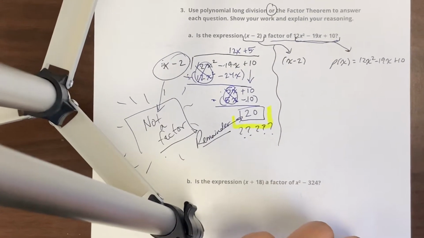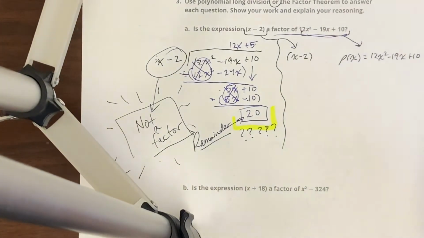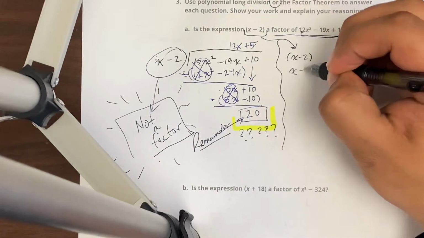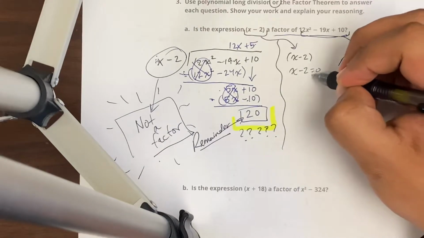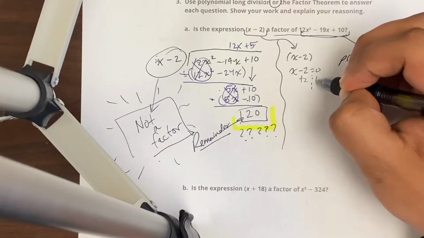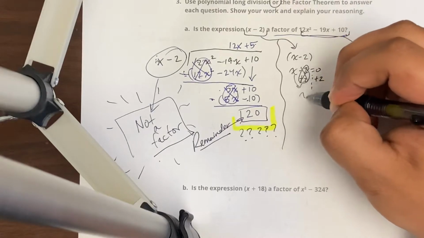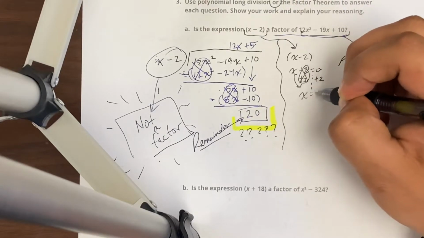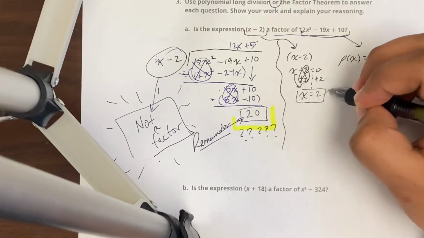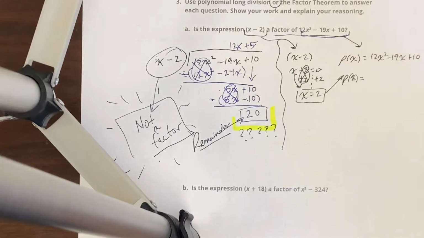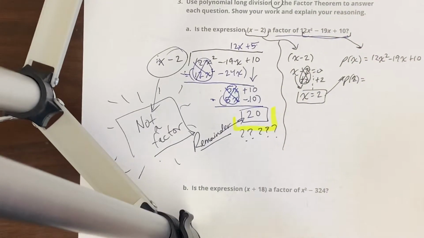Let me zoom in just a smidge right there. Setting this equal to 0. X minus 2 equals 0. Little border, opposite. Negative 2 plus 2, that's 0. Bring down the x. 0 plus 2. Here we go. Doing P of 2.